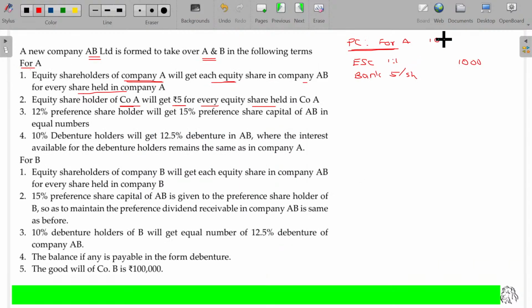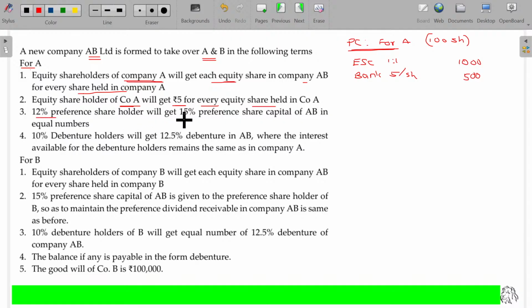For 100 shares, company A's shareholders will get 100 shares in AB, per share being 10, and for every 100 shares you will get another 5 rupees to motivate you to surrender your shares. So from this it is very clear, if you are a shareholder in company A holding 1 share, you will get 1 share in company AB, as well as you will get 5 rupees cash.